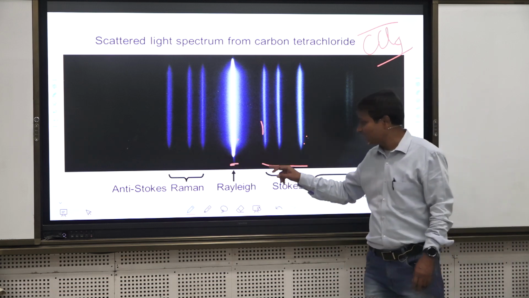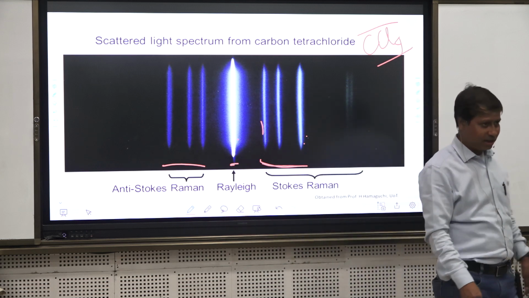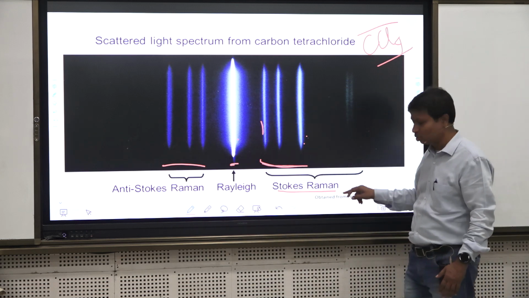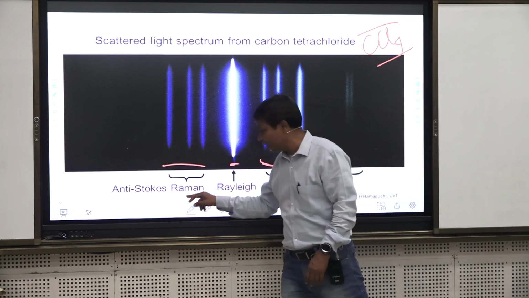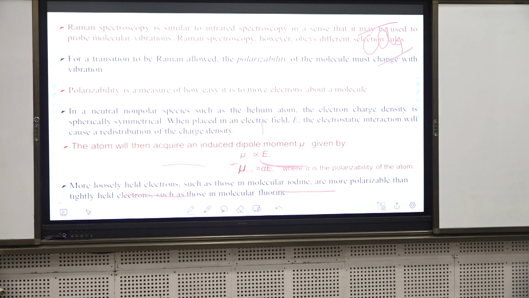So this is Rayleigh scattering, and this one is called Raman scattering. Raman scattering at the lower wavelength range is known as the Stokes-Raman shift, and the higher one is known as anti-Stokes. Through the energy level diagram, we can understand this soon.